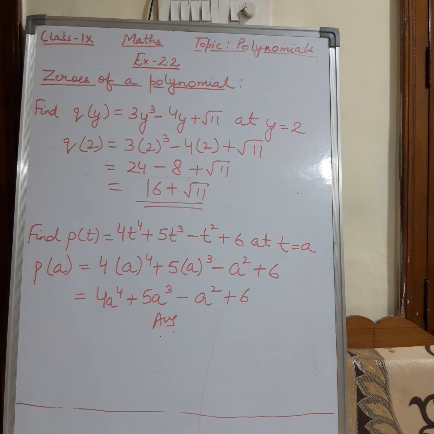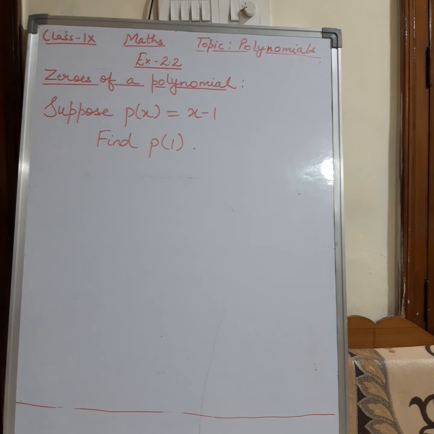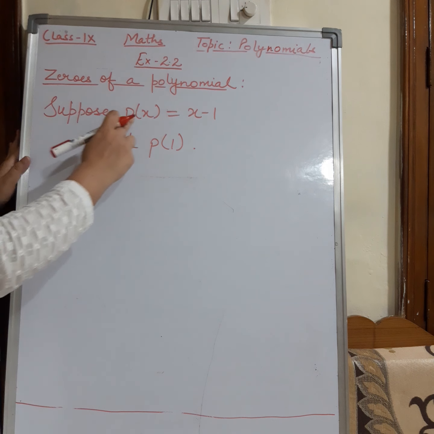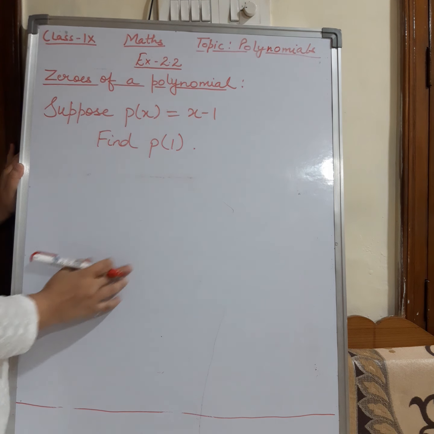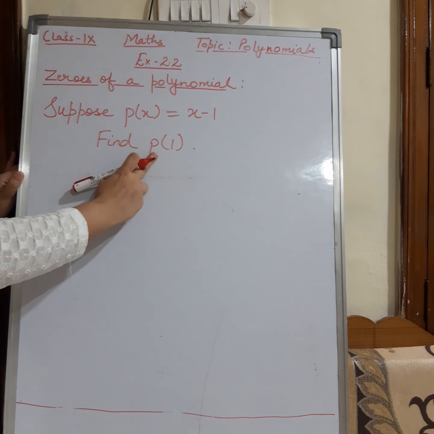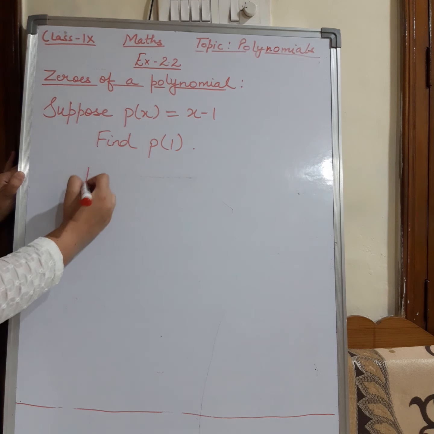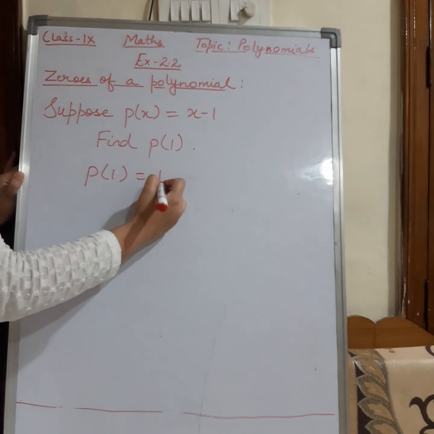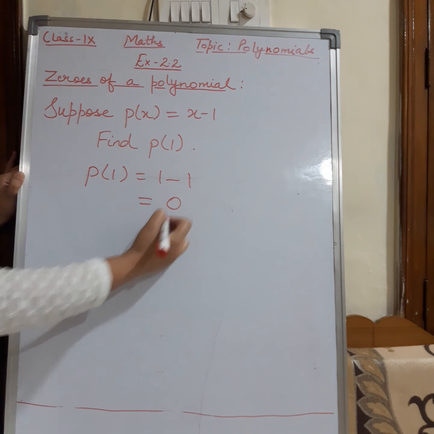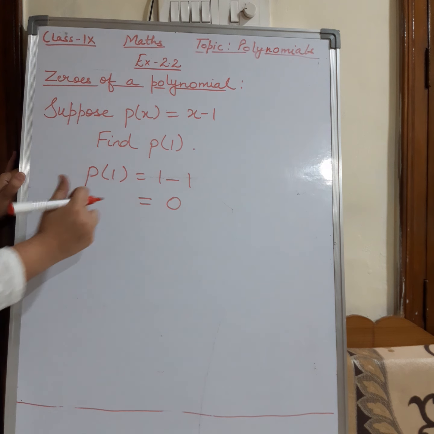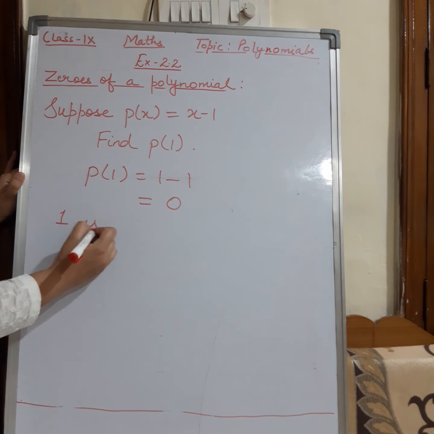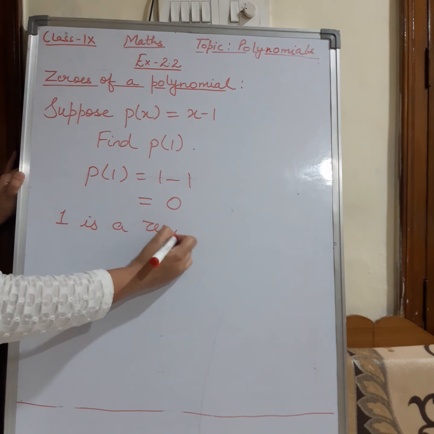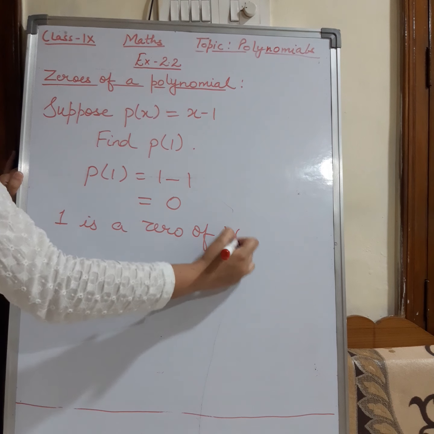Fine. Now coming back to the topic, zeros of a polynomial. Now let us suppose we have p(x) as x minus 1 and I have to find the value of p of 1. So p of 1 will be equal to 1 minus 1, that is 0. So I can say that this 1 is a zero of p(x).